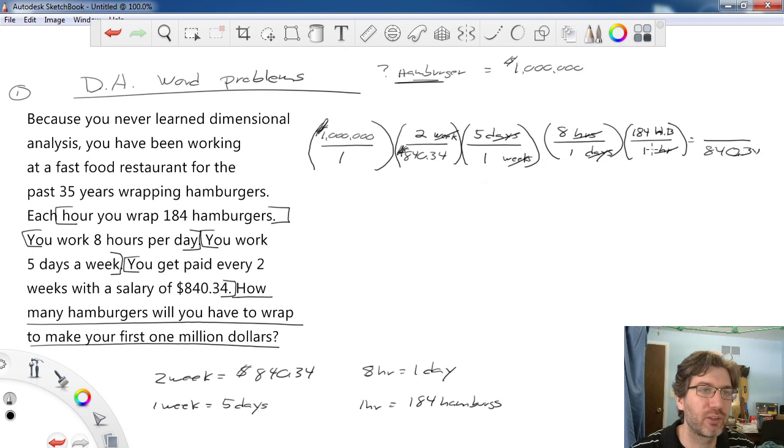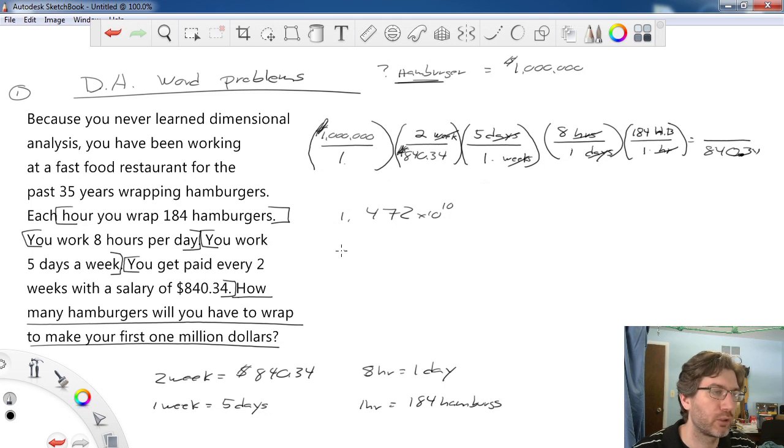That's going to be on the bottom because 1 times 1 times 1 times 1 gives you 840.34. And then let me do that again, which I'm going to get in scientific notation, and I'll just convert it. 3 times 2 times 5 times 8 times 184. And this gives me 1.472 times 10 to the 10th in my calculator.